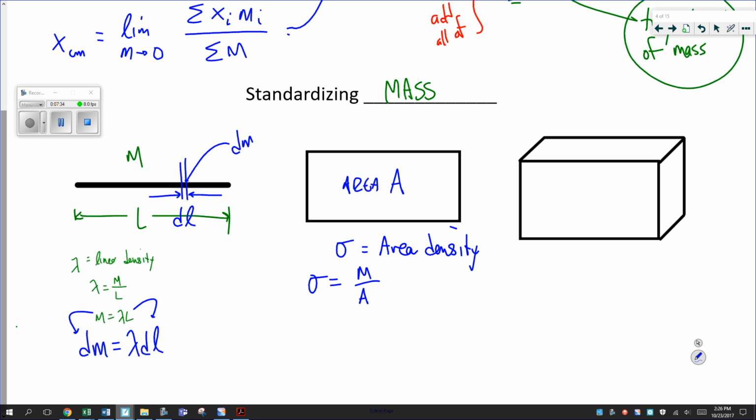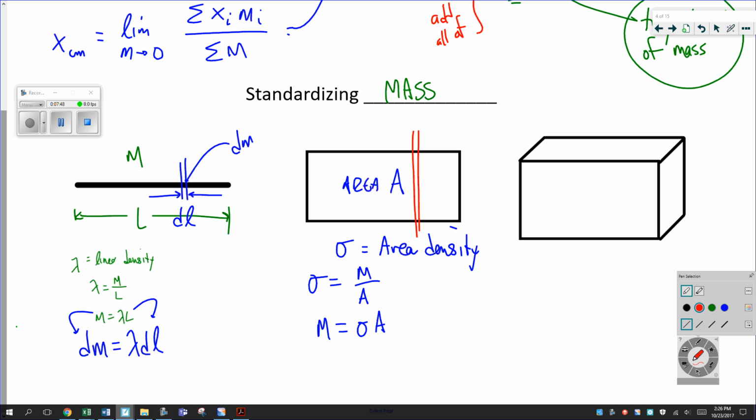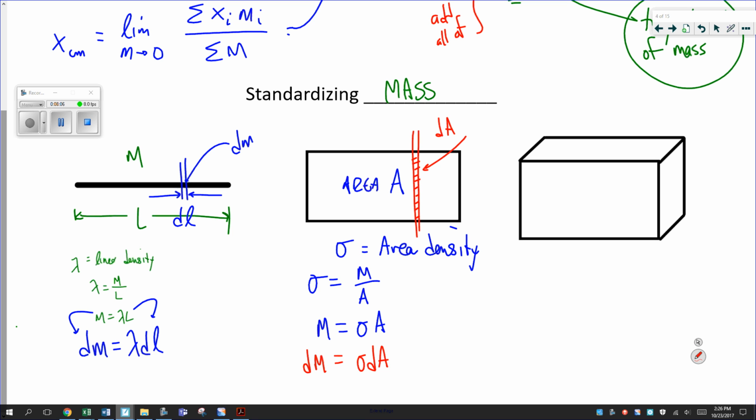And therefore, mass can be written as sigma A. And then what you might do is say something like, well, this thing here is my dA. And then we can say my dm is sigma times dA.